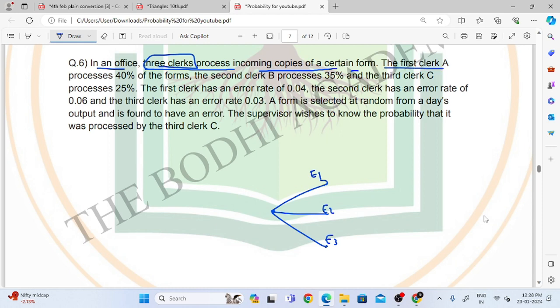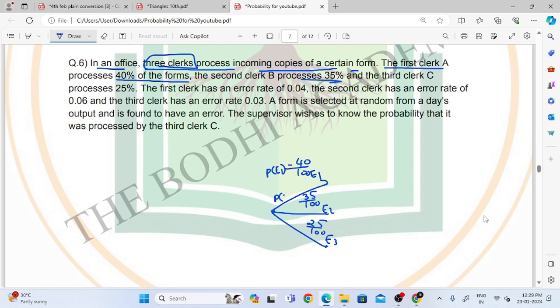The first clerk A processes 40% of the forms. That means P of E1 is nothing but 40%, that means 40 upon 100. Similarly, the second is 35, that means 35 by 100, and the third clerk is 25, that means 25 upon 100.